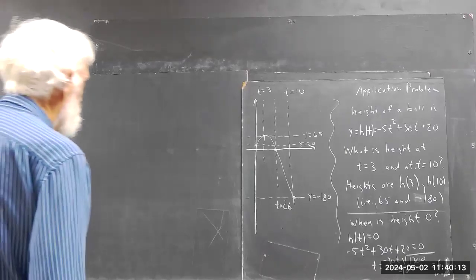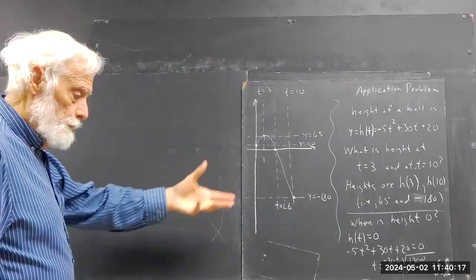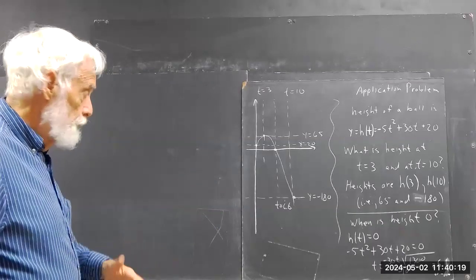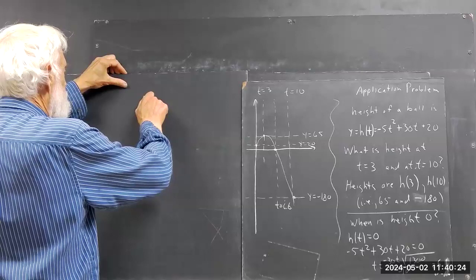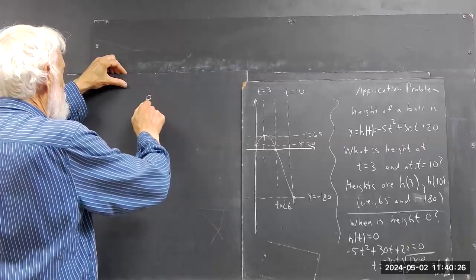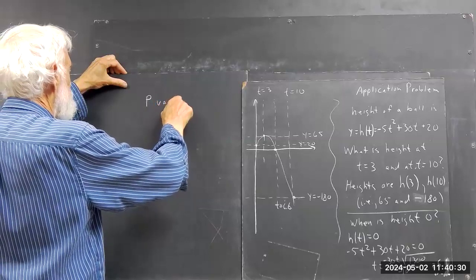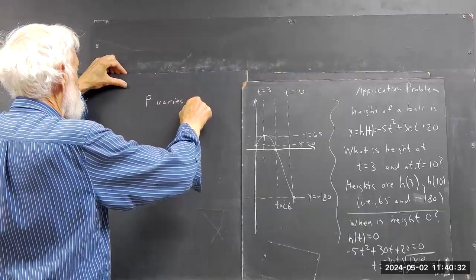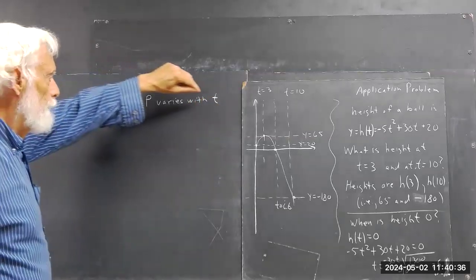Okay. So again, a paradigm example, an exponential function is going to embody quite a bit of what we need to know. P is a quantity that varies with t.